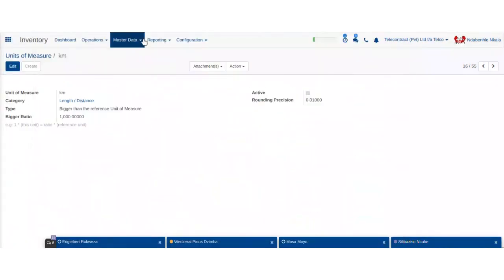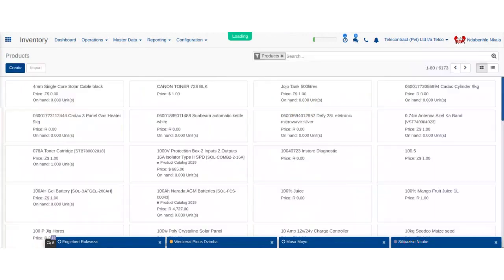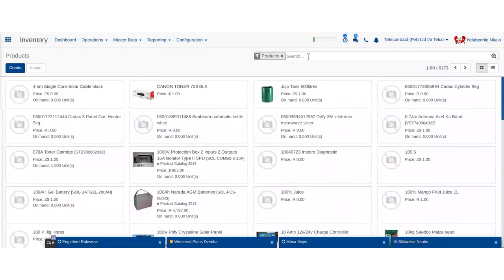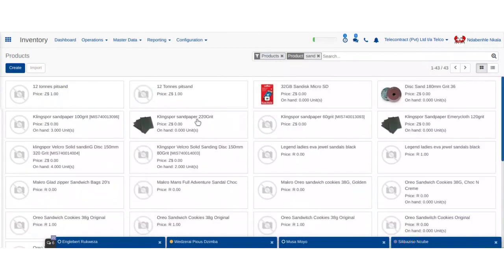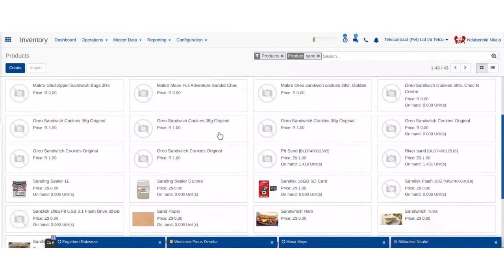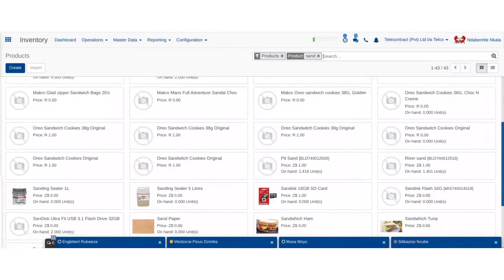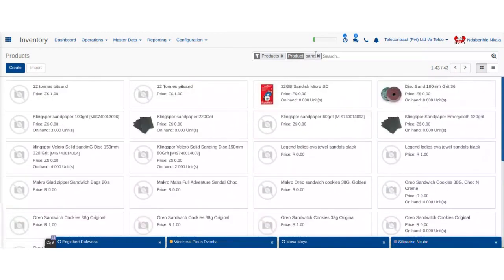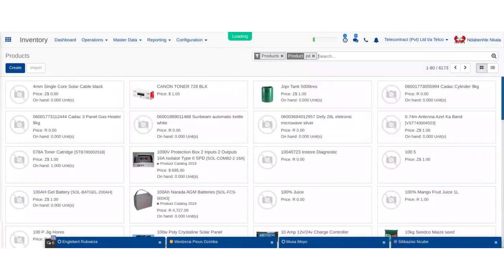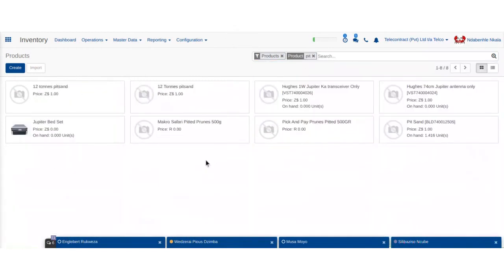Let's go to a product. Let me take one of the sands, river sand or pit sand. Okay, that one's wrong.